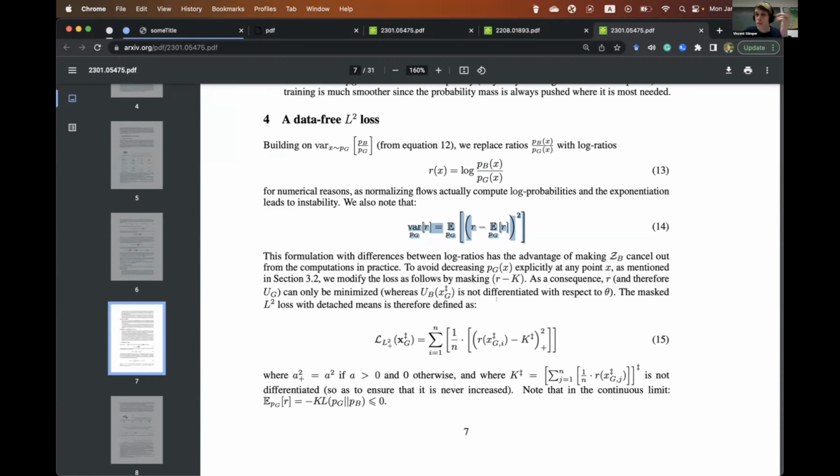It's kind of similar, right? Our objective is minimizing the variance of the importance weights. They tried to directly minimize the variance of the log importance weights.